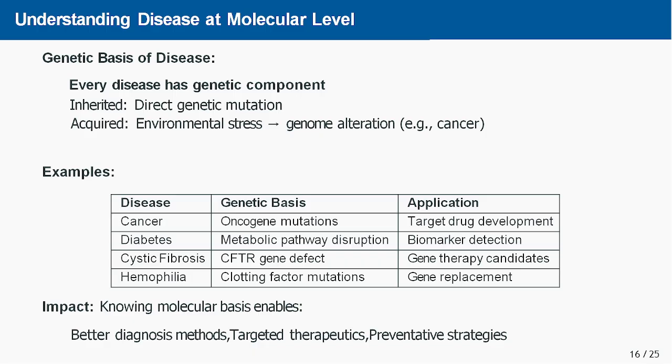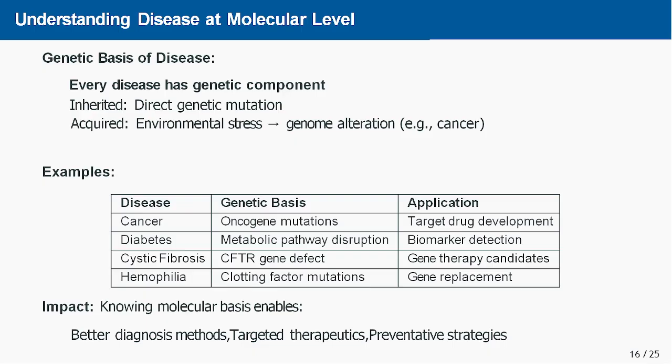Why? It can be understood by looking at the genetic components, and from that the biomarker for this particular diabetic person can be detected. Similarly, for hemophilia, gene replacement can be done and the problem solved. So at the molecular level we can diagnose, detect, and also find the solution.